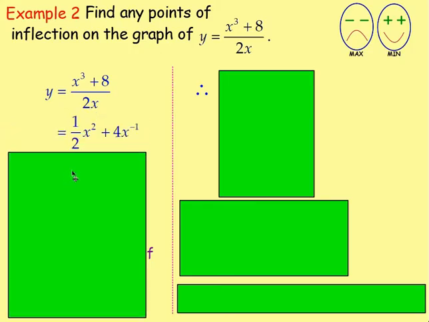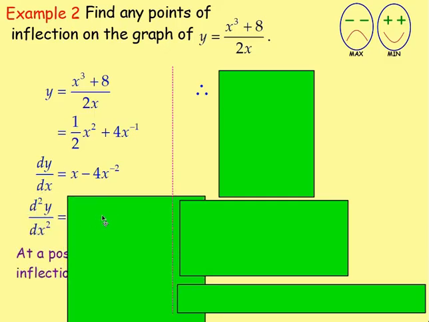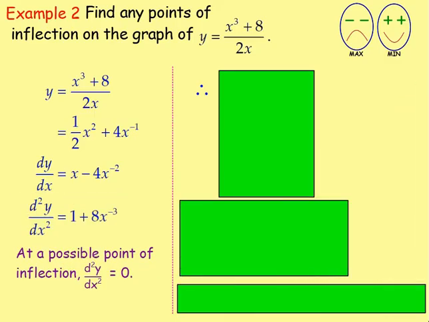Let's rewrite that before we differentiate. So we end up with a half x squared plus 4x to the negative 1. Differentiate that and we end up with x take away 4x to the power of negative 2. And for the second derivative, differentiate that as well. You end up with, perfect, 1 plus 8x to the power of negative 3.